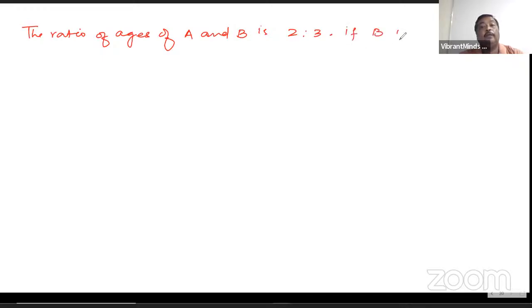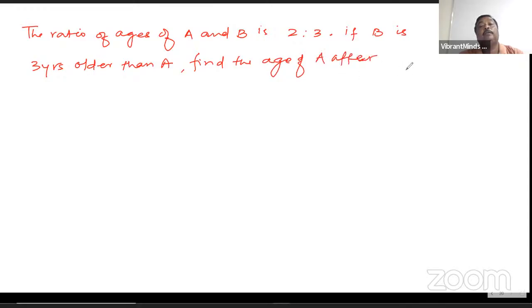If B is 3 years older than A, find the age of A after 2 years.